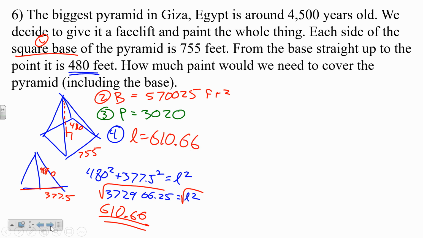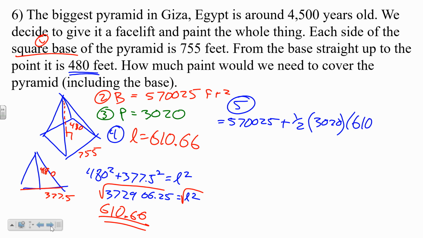So now the hard part's done. Now we just need to plug it into our formula. So my base area is 570,025 plus 1/2 times my perimeter, which is 3020, times the slant height, which is 610.66.